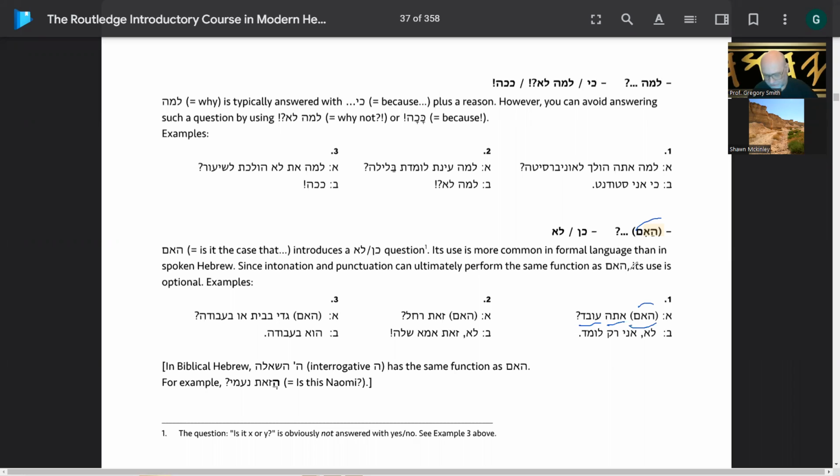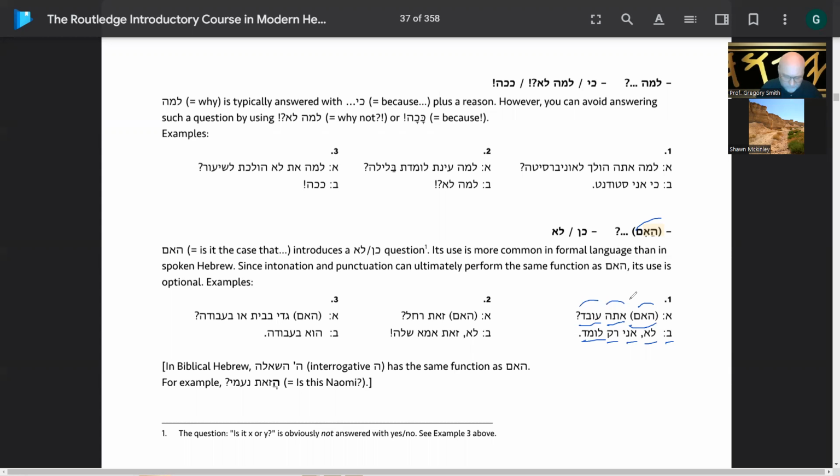Okay, let me knock all these out. Oved, okay. So we have here, ha'im ata oved. Is it the case that you are an employee? And the answer under bet is lo ani rak lomed. Okay, so no, I am only studying.